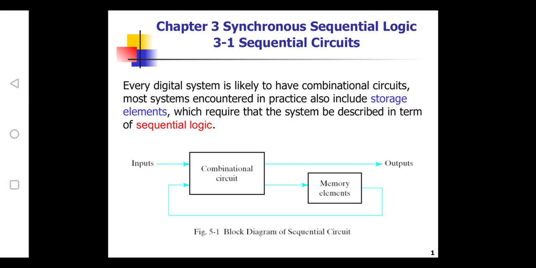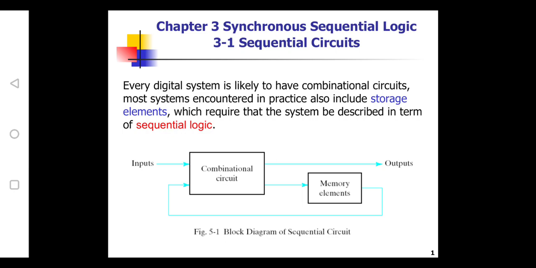A sequential circuit is one in which the output depends not only upon the present input but also on the previous input. In order to store the previous output, we need to use a memory element. A sequential circuit consists of a combinational circuit followed by a memory element.